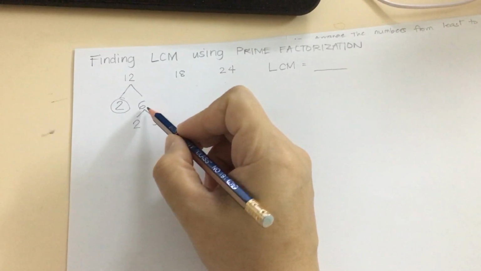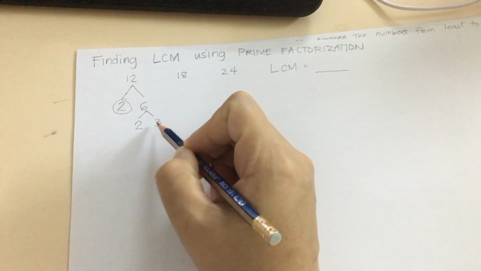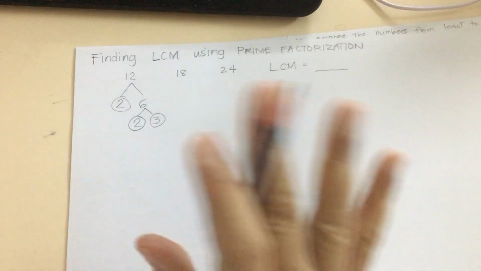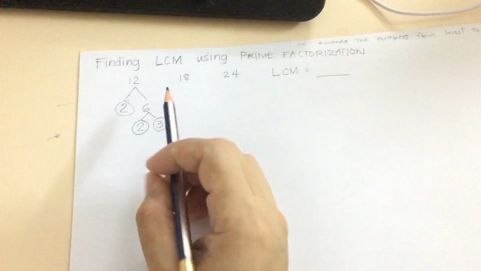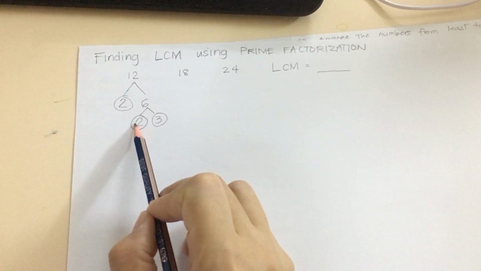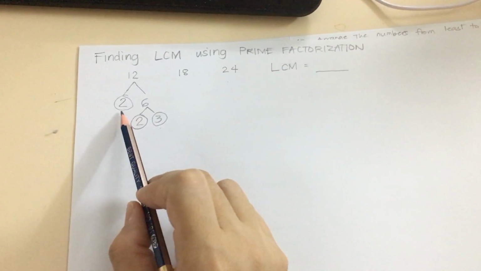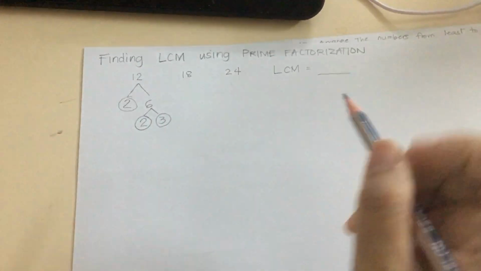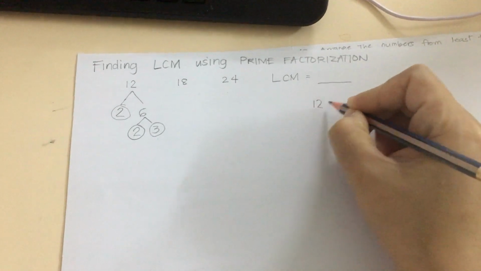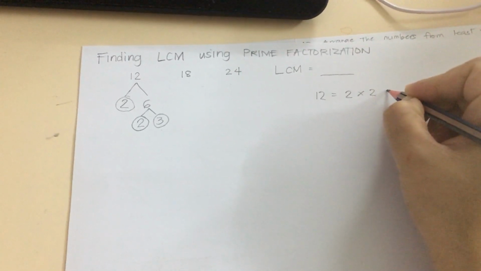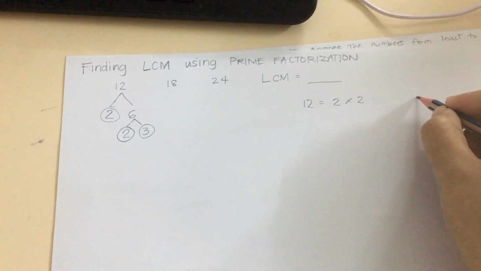So the factors of 6 are 2 times 3, and these factors are already prime numbers. So it means it's finished. All the factors are already prime numbers. So the prime factors of 12 is, let's write here, 12 is 2 times 2 times 3.